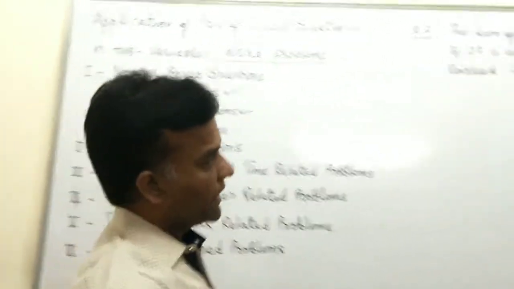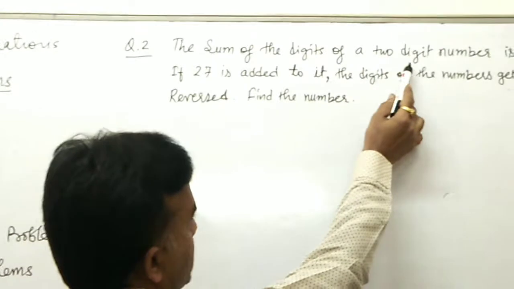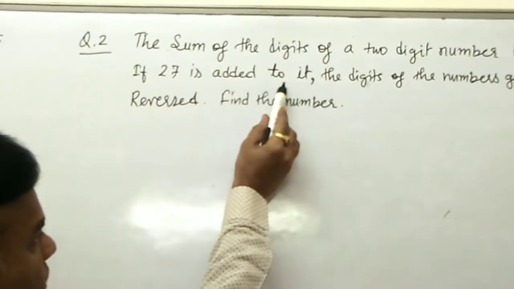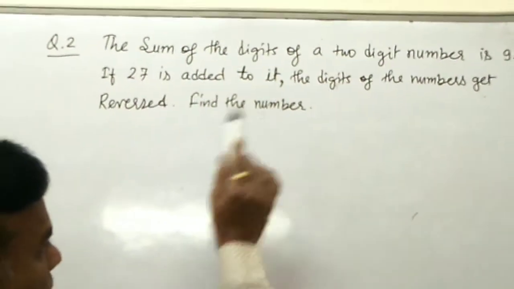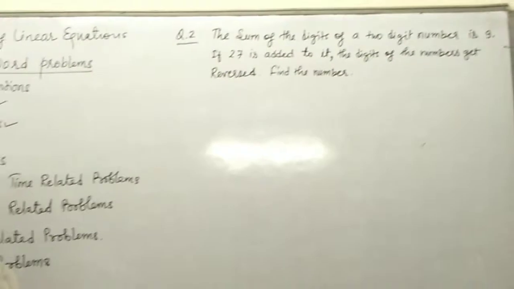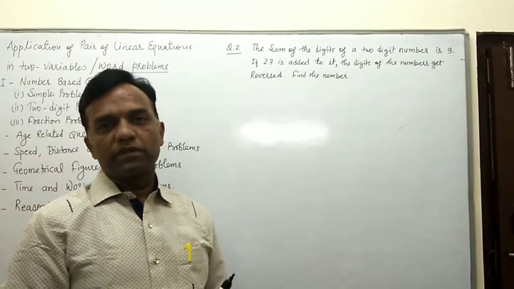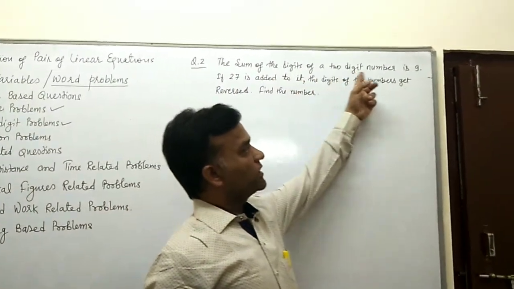Two-digit number problem: the sum of the digits of a two-digit number is 9. If 27 is added to it, the digits of the number get reversed. Find the number. For every word problem, first you bifurcate it into statements. The first statement is that the sum of the digits of the two-digit number is 9.